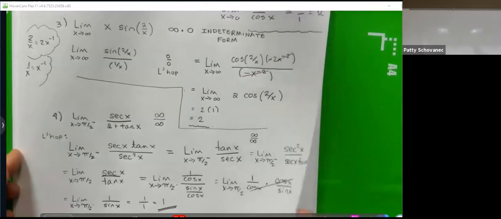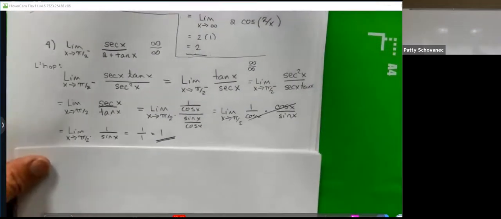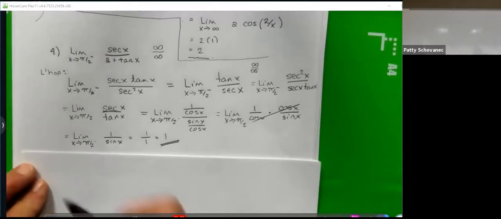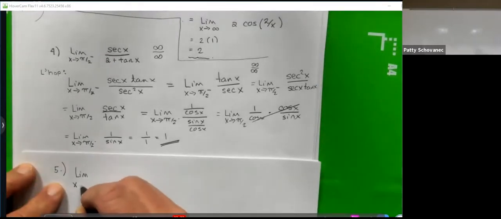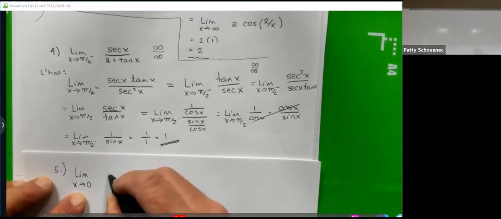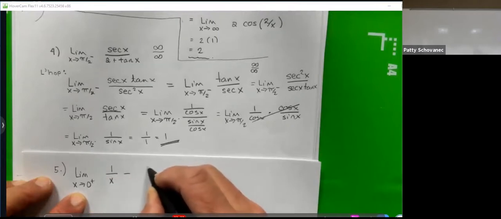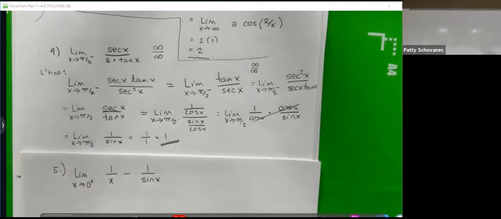Like, for instance, that one, 1 over x minus 1 over sine of x.